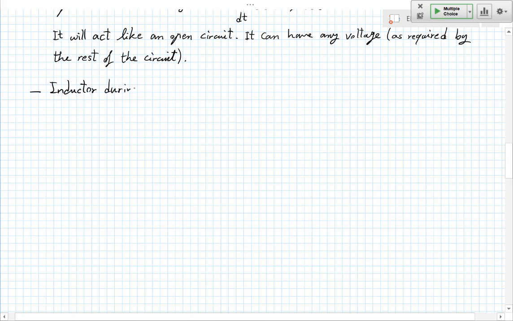Inductor during switching. Now, an inductor, again with a similar convention for the direction of voltage and current, it's the opposite. Instead of the current being proportional to the derivative of the voltage, in the inductor the voltage is proportional to the derivative of the current.